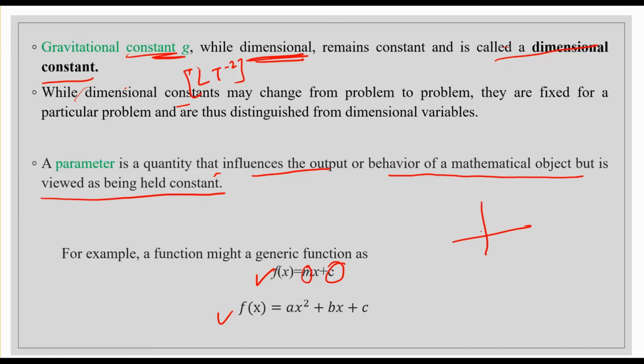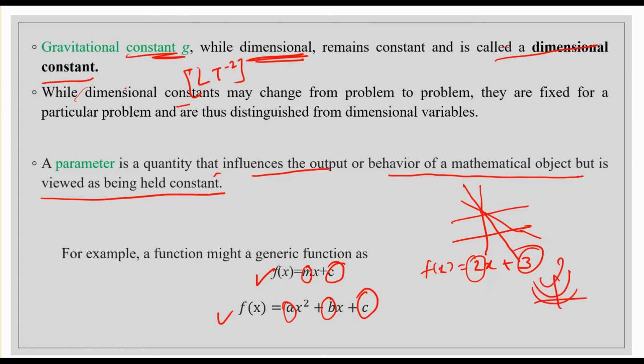So for every problem, this m and c can change, but for one equation, like if I write f(x) equal to 2x plus 3, then it remains constant. So these are the parameters that influence the output, because if you change this, the function f(x) will change. Similarly, if you see a, b, c are the parameters, if you change the values of a, b, c, you will observe different kinds of parabolas. So these are a few definitions.